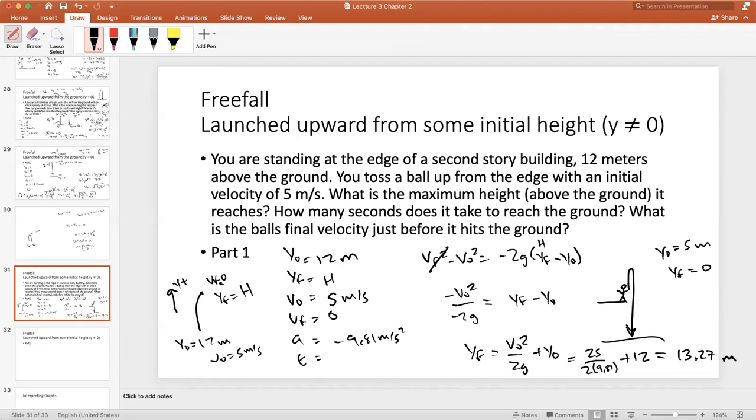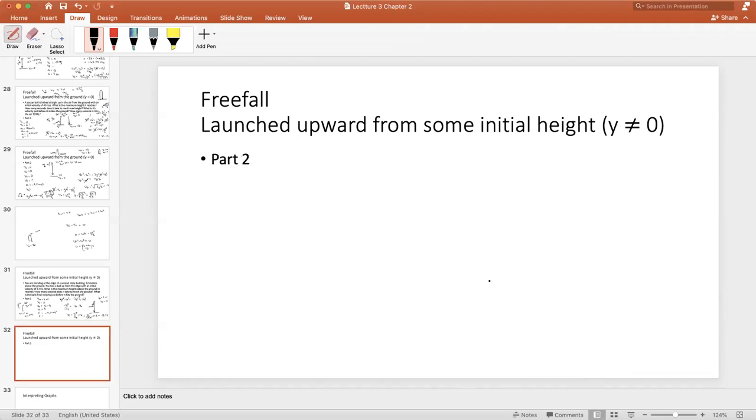So we know the maximum height. And here is why I had you find it. Now what we want to know is, y initial is 12 and v initial is 5. Now you could do this as 2 problems: a problem from this initial height up and then a problem down, if you want.